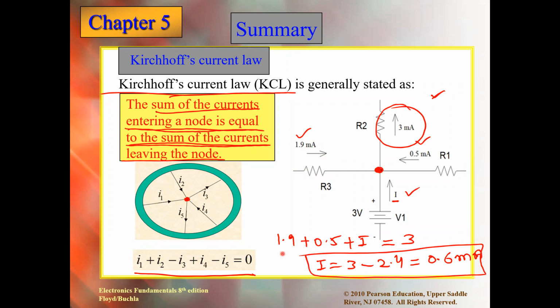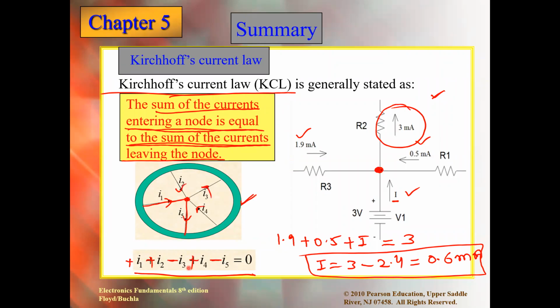We can also say it in a different way, like they are saying here: the algebraic sum of all the currents is equal to 0. Those that are entering we can consider as positive, and those that are leaving we can consider as negative. Look here, this is leaving, I3. I2 is coming, I4 is coming, so they are considered positive.